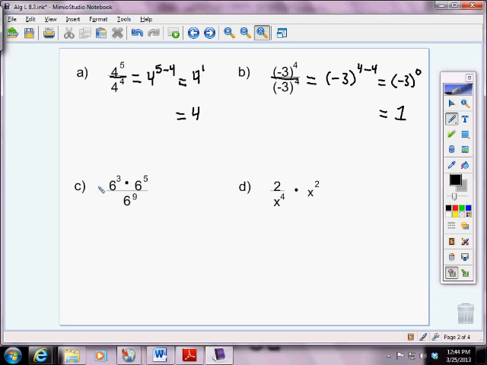Look at C here. Sometimes it's going to take a couple steps to get to your solution. If I have c to the 3rd times c to the 5th over c to the 9th, we can use one of our multiplication properties of exponents. c to the 3rd times c to the 5th, we can add 3 plus 5 because we're multiplying the same base, and that becomes c to the 8th over c to the 9th.